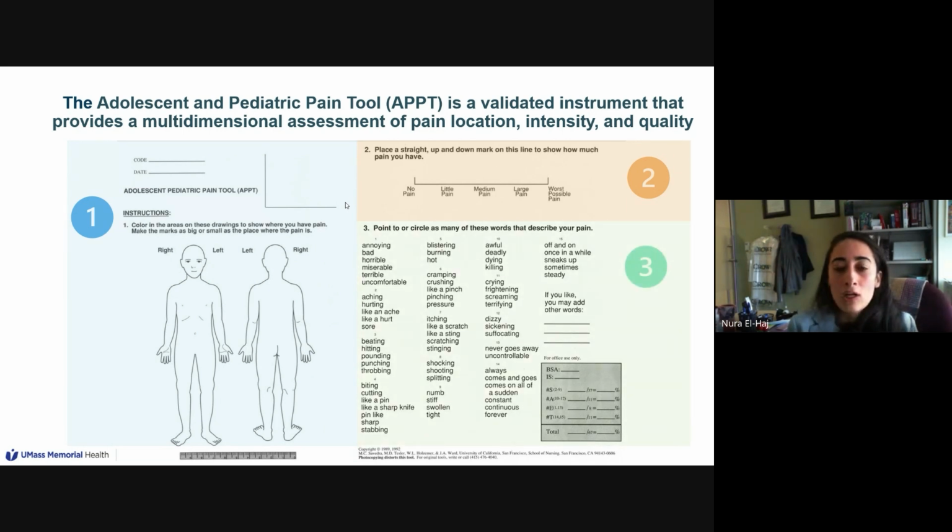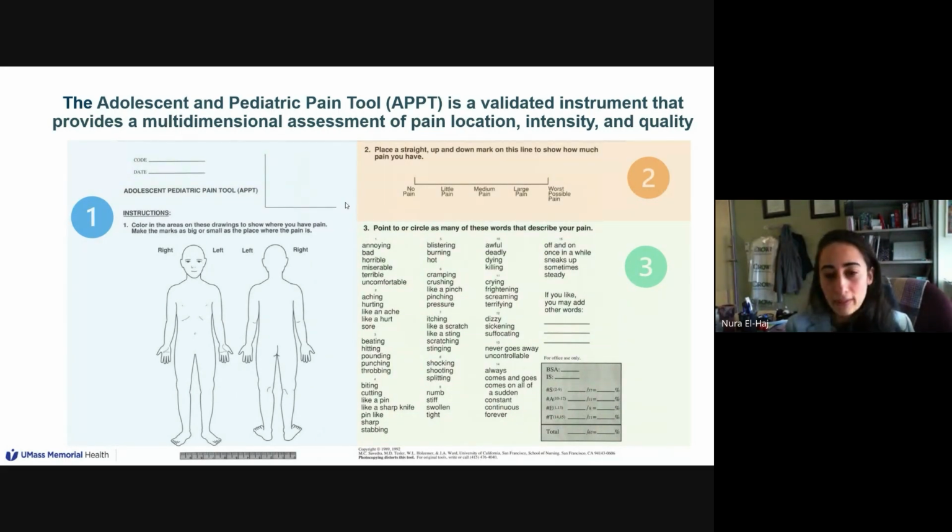Lastly, looking at words to describe pain. Words help us because they're a multimodal approach. There can be sensory categories, like the character of the pain, but also temporal ones, like how does the pain change over time?